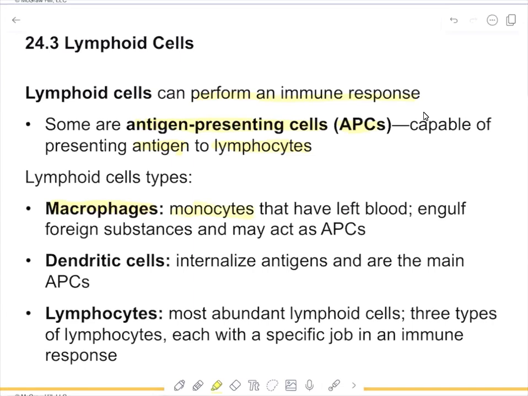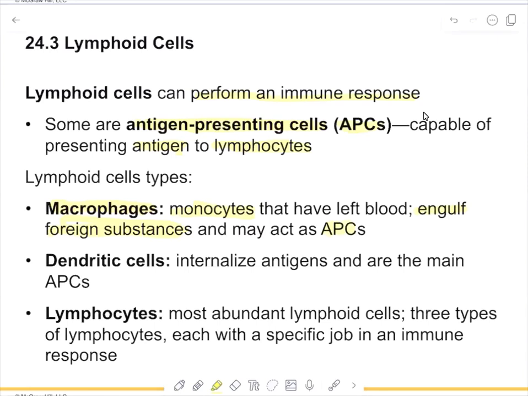When monocytes leave blood circulation, they go into the tissues and become macrophages. Macrophages are phagocytic, which means they're going to engulf foreign substances, kind of like Miss Pac-Man would engulf those power pellets in the Miss Pac-Man game. And these macrophages may act as antigen presenting cells.